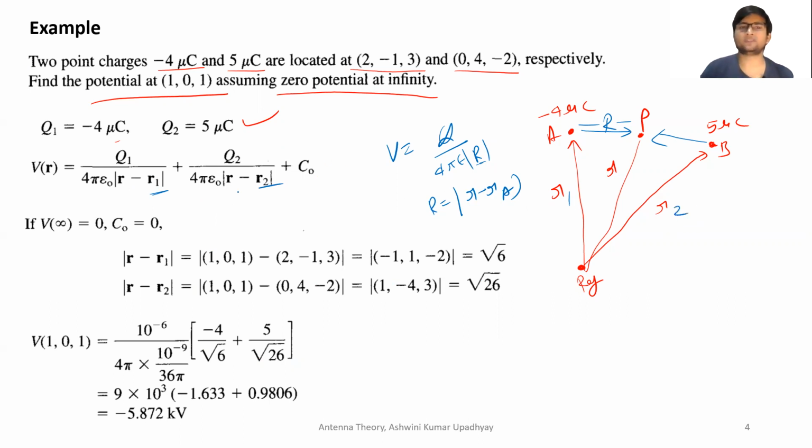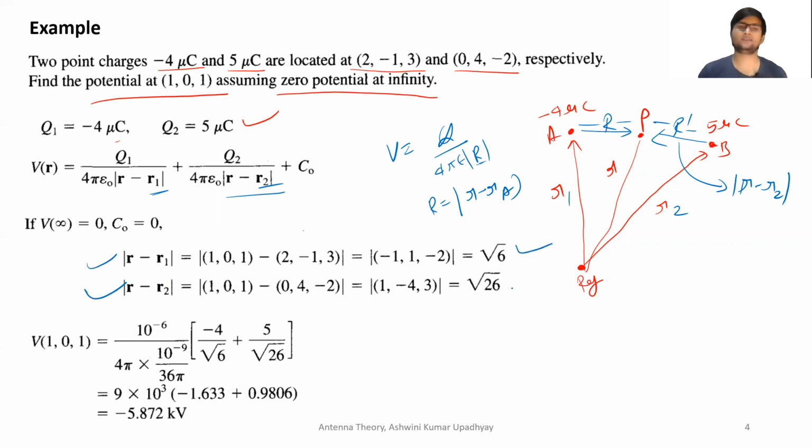Similarly, for the second charge, you will have to calculate the magnitude of r minus r2. So this one, suppose I am calling it r dash, will be nothing but the magnitude of r minus r2. So you have 2 points and you already know how to calculate the distance between 2 points or two vectors. So this is how you can calculate.